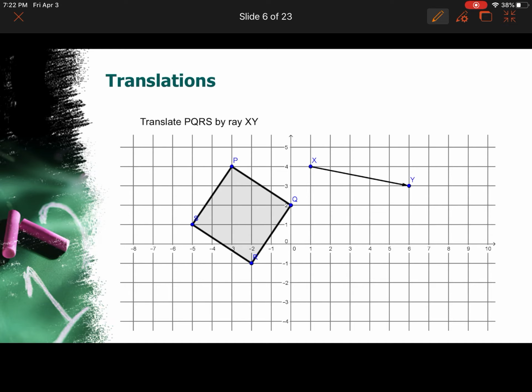And hopefully you did this one as well. But in this case, we're going over 1, 2, 3, 4, 5, down 1. There's going to be P prime. Q is over 5, down 1.